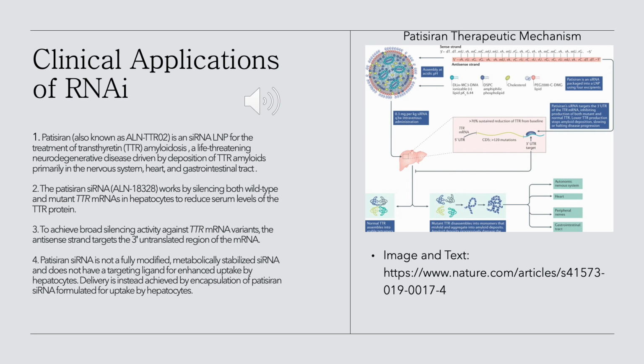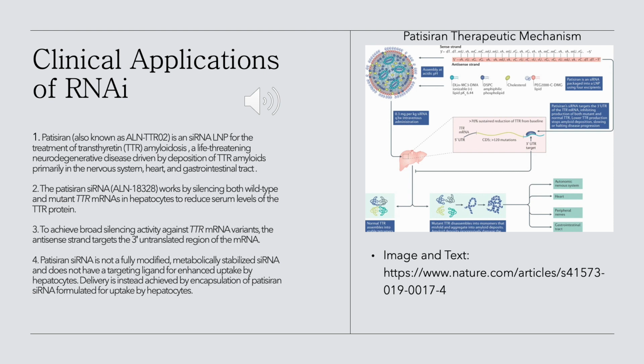The patisiran works by silencing both the wild type and mutant TTR mRNAs in hepatocytes, which are liver cells, to reduce the serum levels of the TTR protein. Now, to achieve broad silencing activity against TTR mRNA variants, the antisense strand targets the 3' untranslated region of the mRNA.